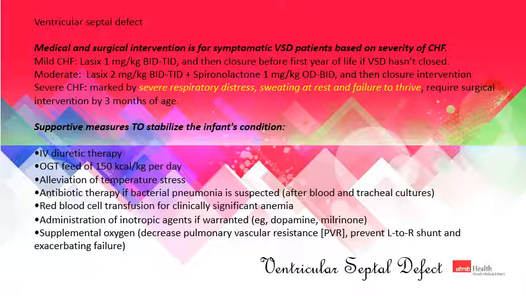Medical and surgical intervention is for symptomatic VSD based on the severity of their congestive heart failure. Mild CHF is managed with Lasix 1 mg per kilogram BID to TID and then closure before the first year of life if the VSD hasn't closed.